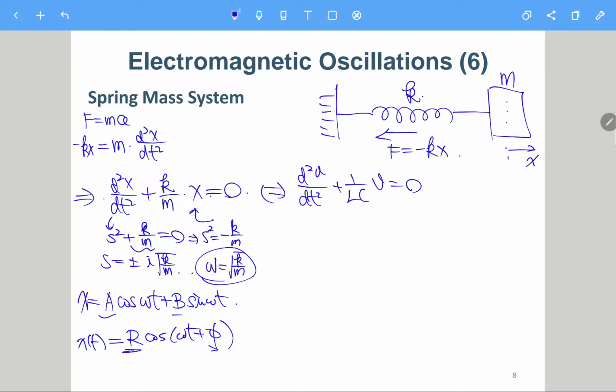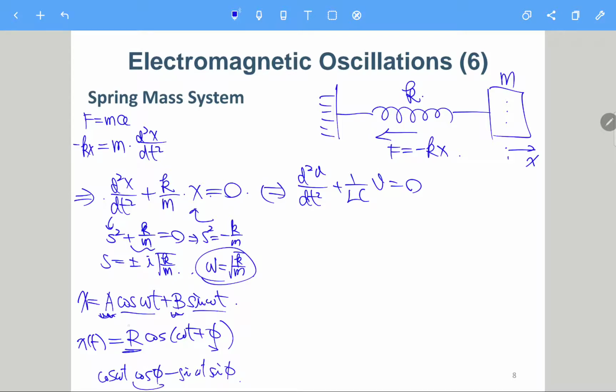Because when you learn trigonometry in high school, you know that even though A and B are arbitrary numbers, you can merge these two terms together so that it is R cosine omega t cosine phi minus sine omega t sine phi.